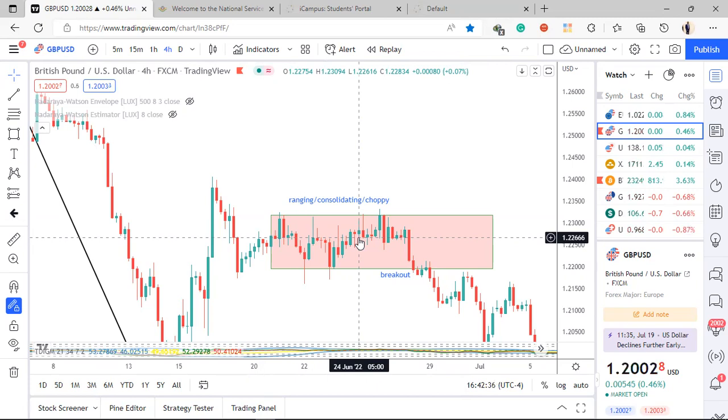They will trap you. You see, when you catch a market in a ranging market, it is sweet. There are traders that are good at trading a ranging market. When you are trading a ranging market, whenever there's a breakout, you just exit the market.